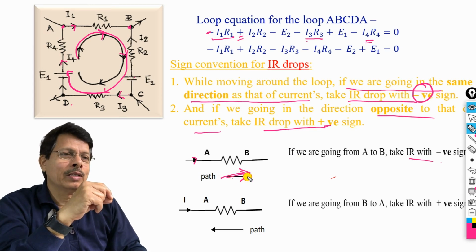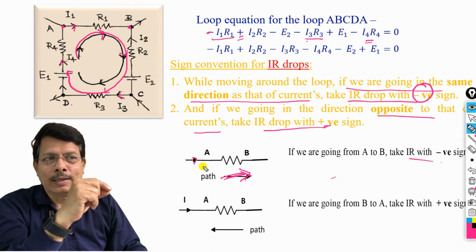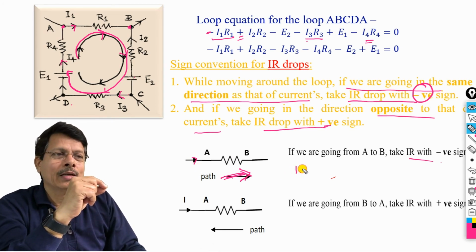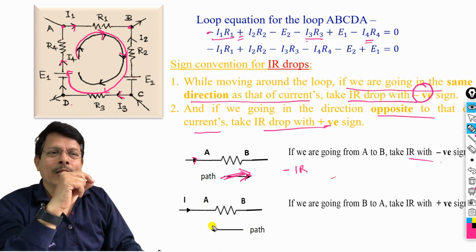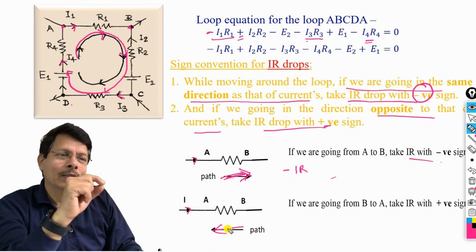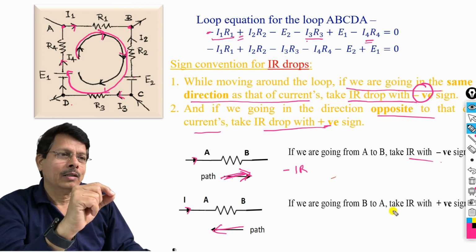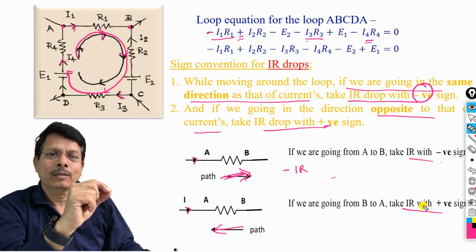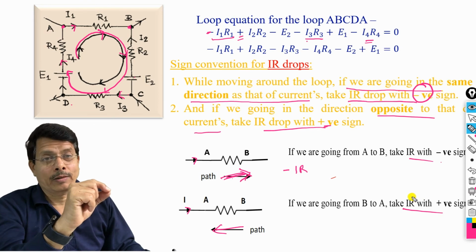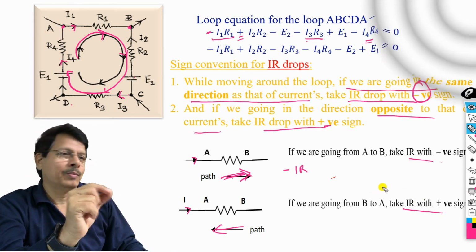In this picture you can see that this path of tracing is the same as that of the current, therefore take that IR with minus sign. In the second diagram, the direction of the current is like this, and you happen to move in this way. The direction of this is opposite to the direction of the current, and therefore that IR should be taken with positive sign. So these are the sign conventions for IR drop.